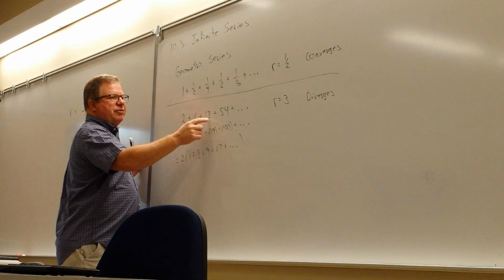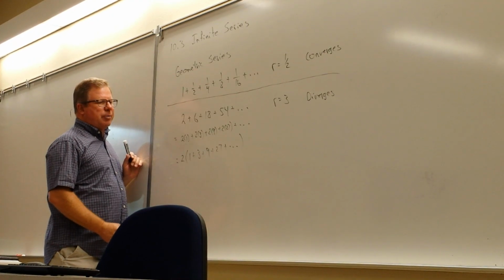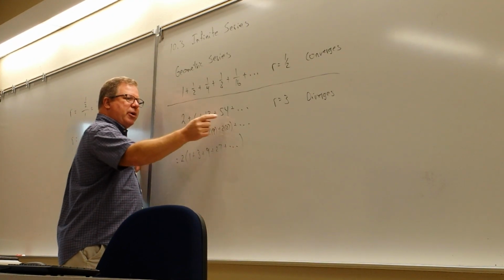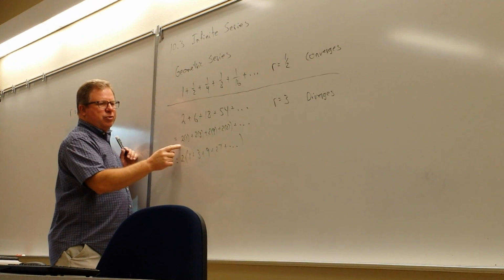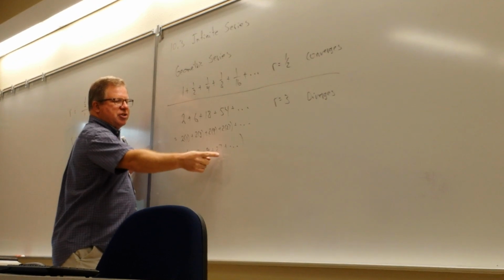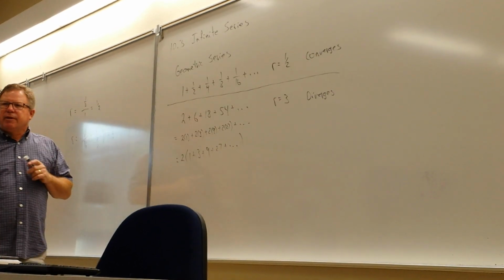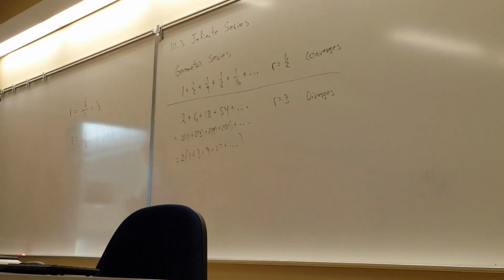But these are all divisible by 2, so I pulled a 2 out of each one, and now I just factored a 2 out of the whole thing. So the reason I show you that, you don't have to write this in your notes, it's going to come later.